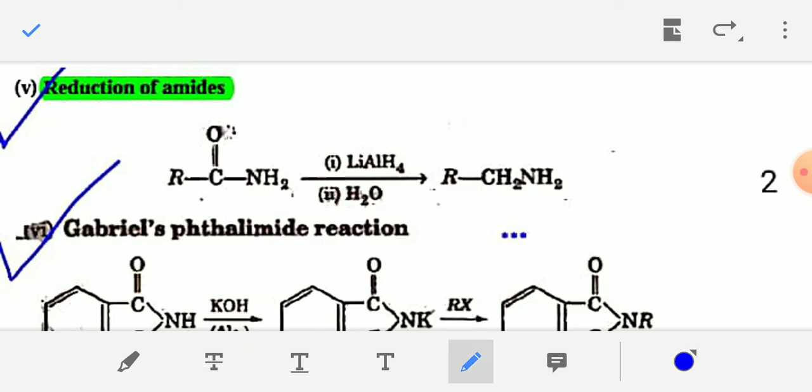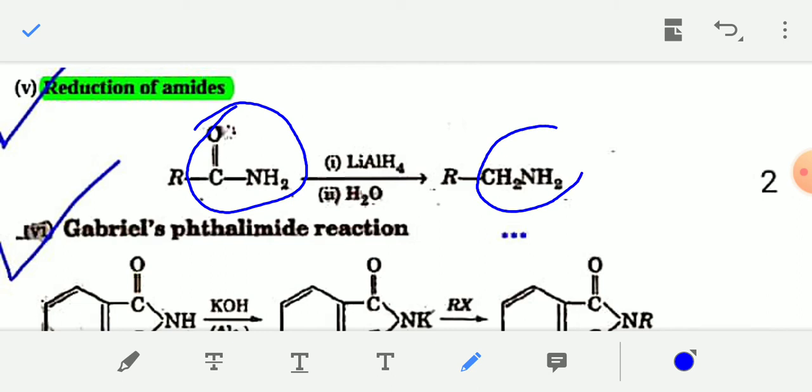So by reduction of amides, you can get primary amine. During reduction of amides by lithium aluminum hydride, the CONH2 group of amides is converted into CH2NH2 group.